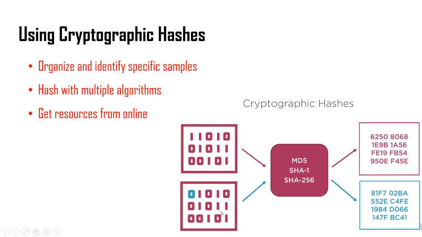I pass the modified file into the hashing algorithm and I get a different hash, completely different from the previously generated hash. So if I change a single bit in any file and pass it through the algorithm, the signature will be completely different from the previous file.